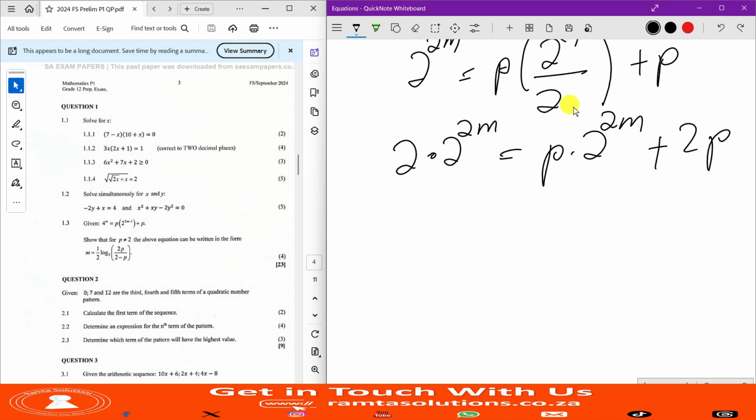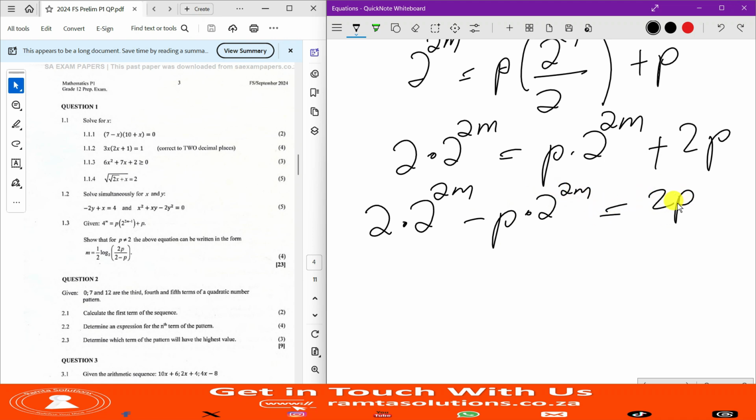So maybe I can take a common factor here, but seeing that I need to simplify this in this way, I think I should just take the p times 2 to the 2m to the other side. So 2 times 2 to the 2m minus p times 2 to the 2m equals 2p. I see a common factor here.